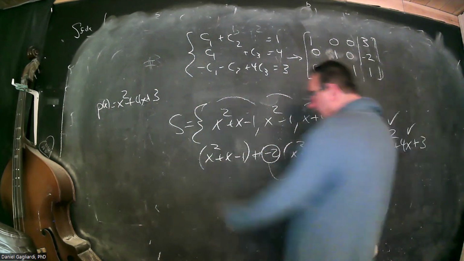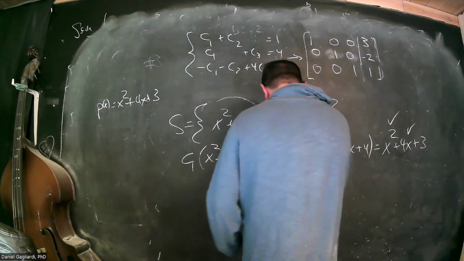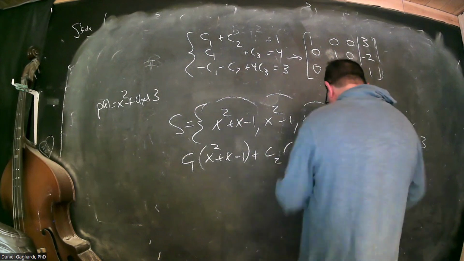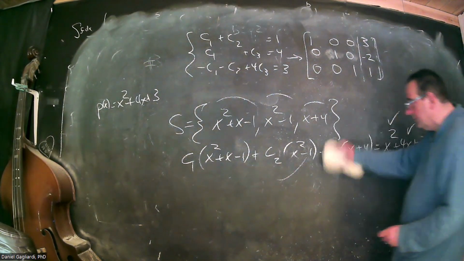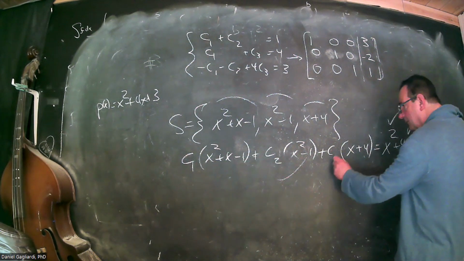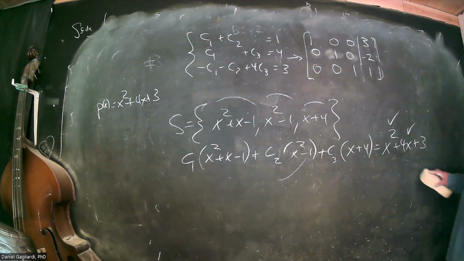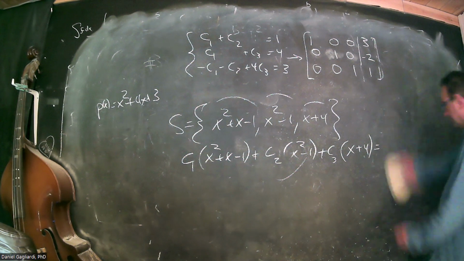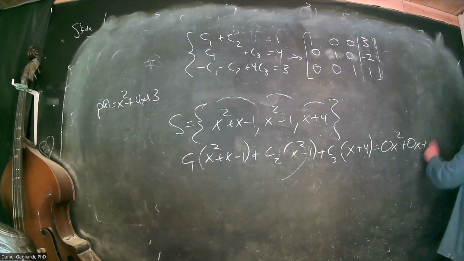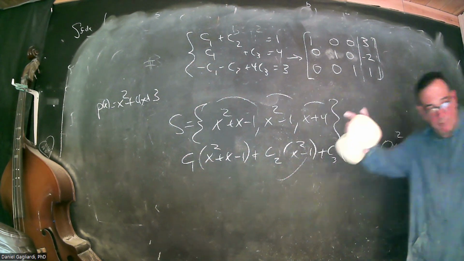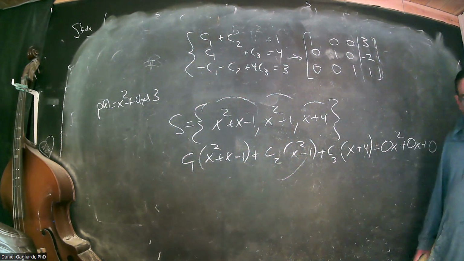So if I did that, C1, C2, C3 is equal to the 0 vector. I'm doing this because I want to show you what the 0 vector looks like in polynomial land. It looks like this: 0x squared plus 0x plus 0. That's the 0 vector in polynomial land.